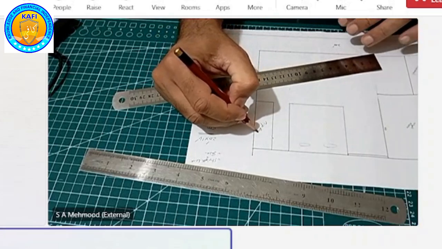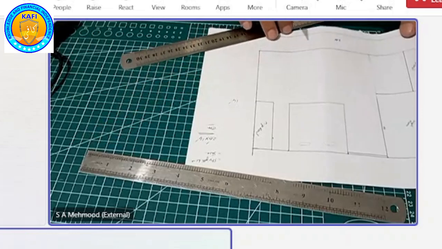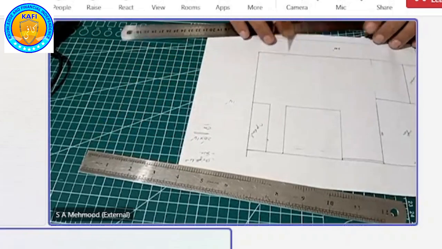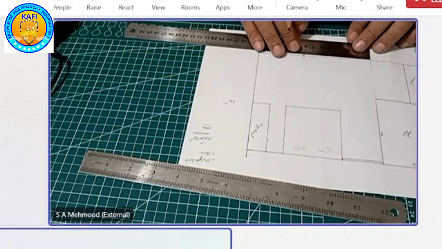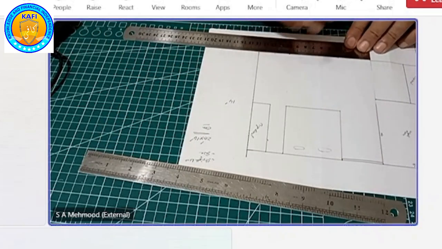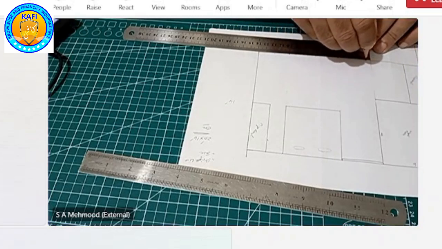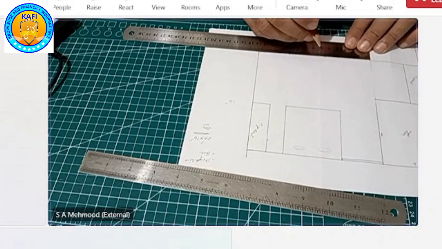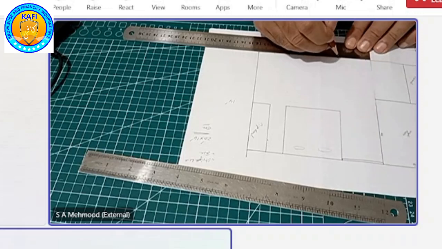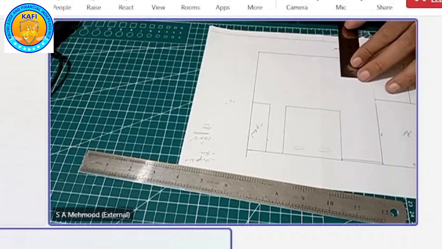Okay, now what about the doors? So from this point I am just leaving 6 inch or half feet. Okay, so my door is 3.5 feet. So I'm just going to draw a line on 3.5 feet like that.